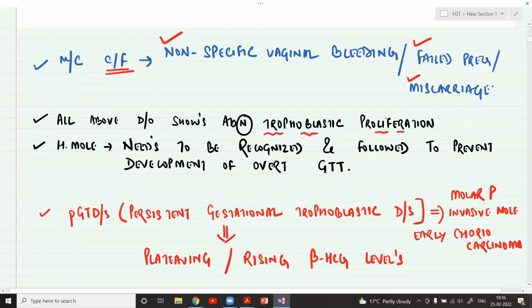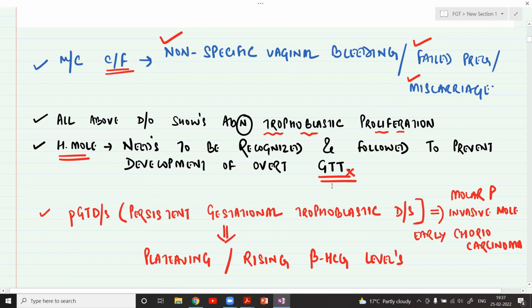This is a very, very important basic point. Now the hydatidiform mole, as I told you, needs to be recognized and followed. Why? Because it might develop into a persistent gestational disease, or it might also give rise to gestational trophoblastic tumors. That is why we need to follow them.